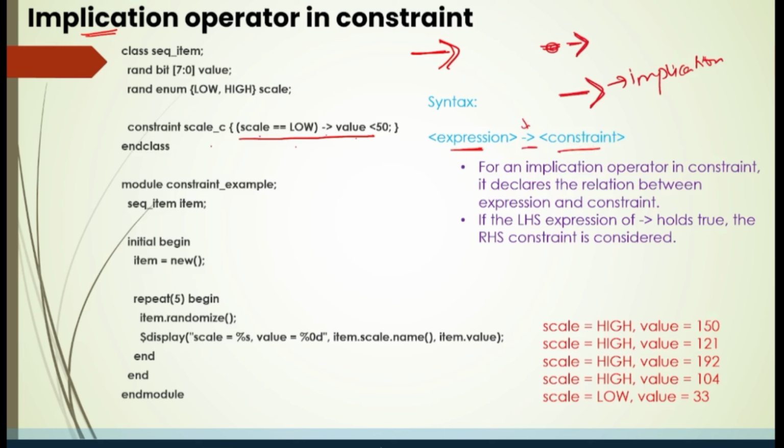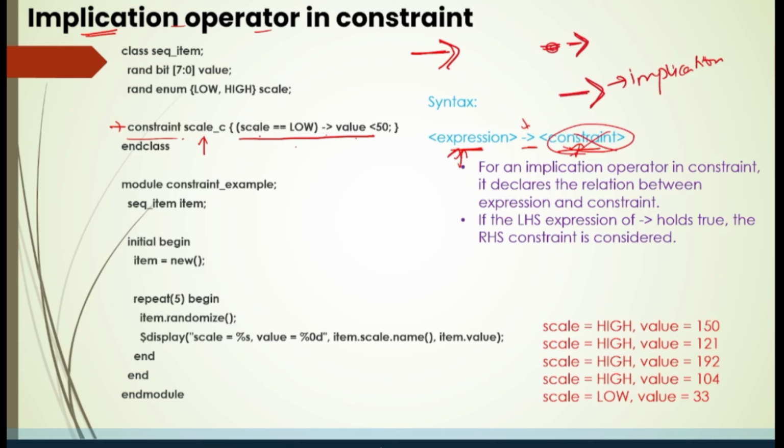In the code, you write the constraint name, and within the braces you write the implication operator. How it works: if the expression is true, then the constraint will be executed. If the expression is false, then the constraint won't be executed.